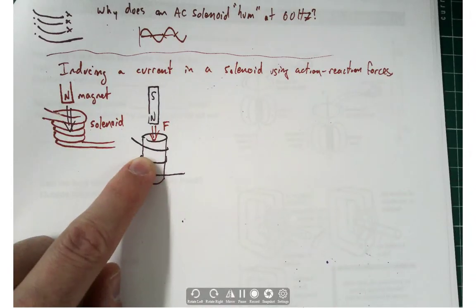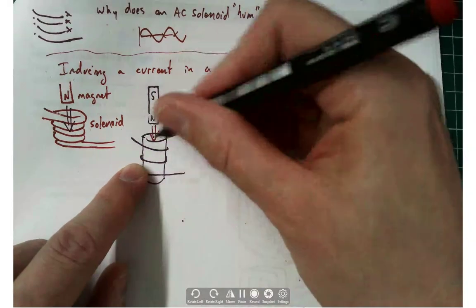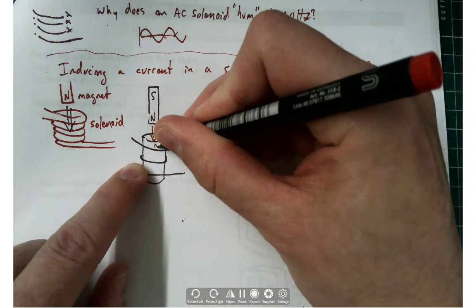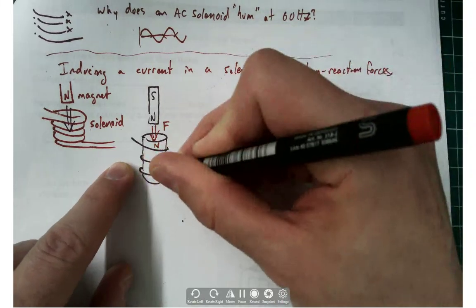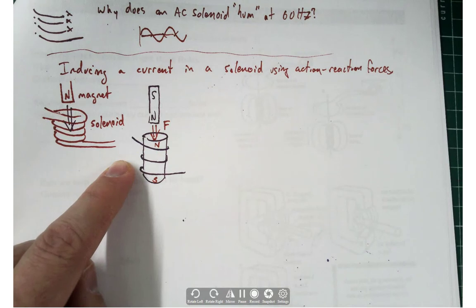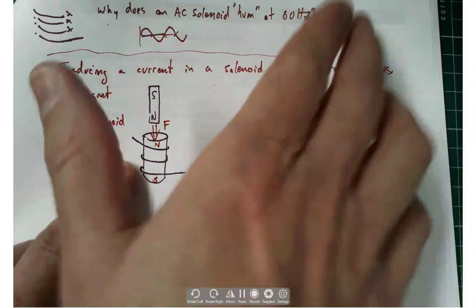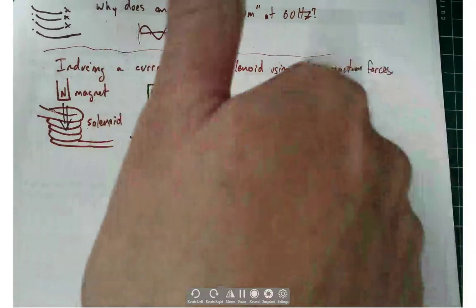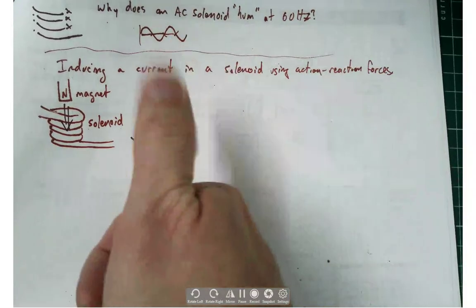So if I try to shove in a north, it turns out this magnetic field, I'll write it in red, the magnetic field that becomes induced as a reaction to this incoming bar magnet is opposite. It resists the incoming north. And if I take my right-hand rule for solenoids, that means the magnetic field is going to be up north.